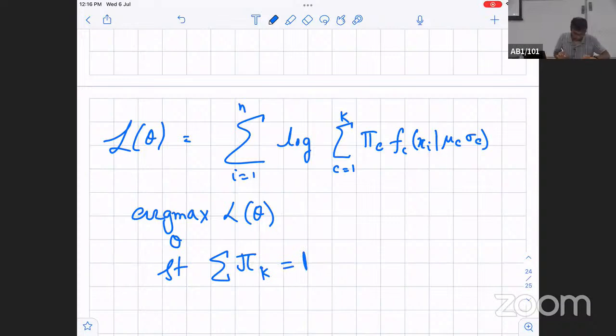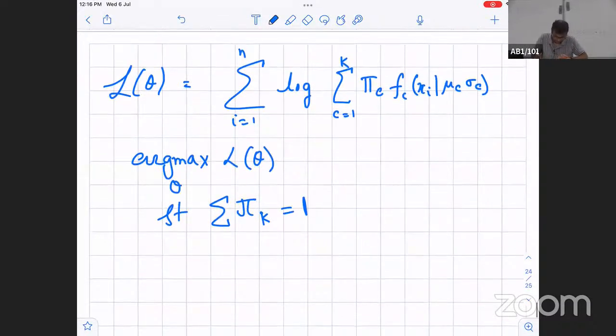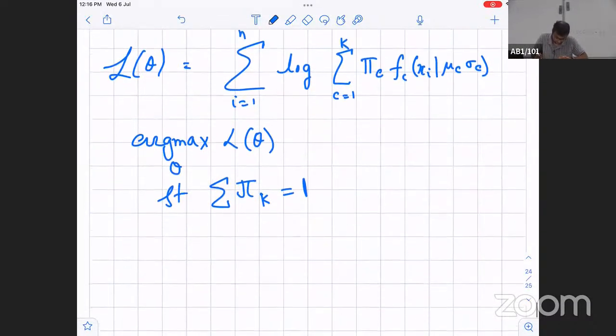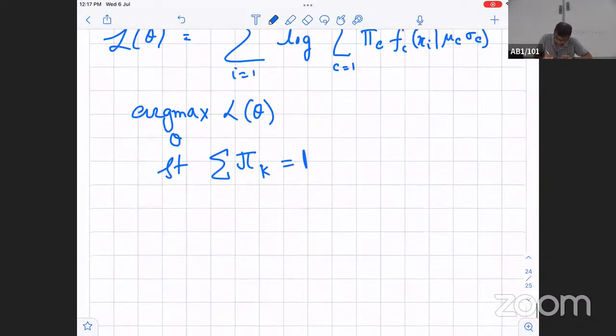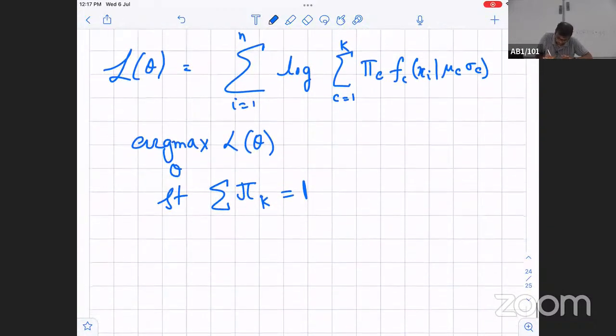Unfortunately, I was seeing if I could avoid this discussion, but there is one thing. To take the maxima, I need to take the derivative and set it to 0. But when there is a constraint like this, instead of trying to maximize this, you will try to maximize something called the Lagrangian.